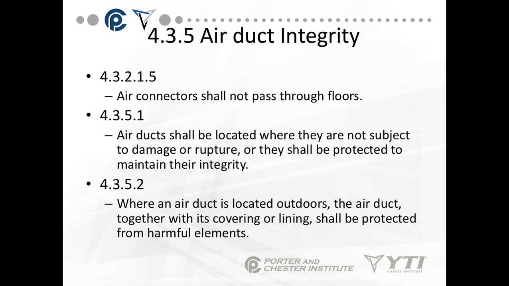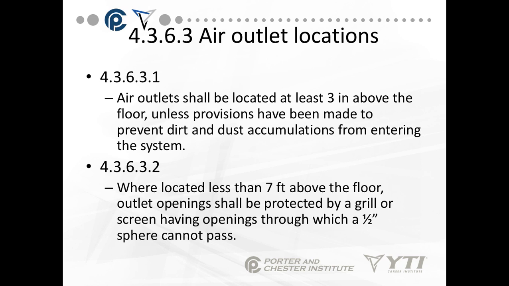Air connectors shall be located where they're not subject to damage or rupture, or they shall be protected to maintain their integrity. When air duct is located outside, the air duct together with its covering or lining shall be protected from harmful elements. Air outlets have to be located at least 3 inches above the floor, unless provisions have been made to prevent dirt, dust, and accumulations from entering the system.